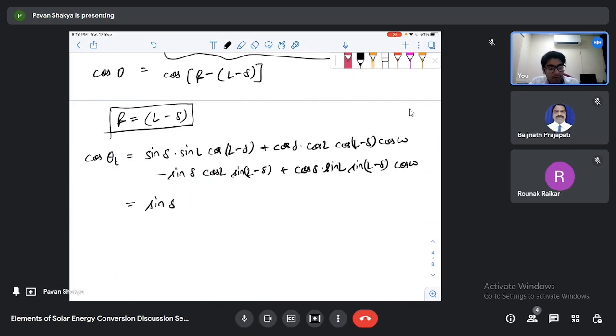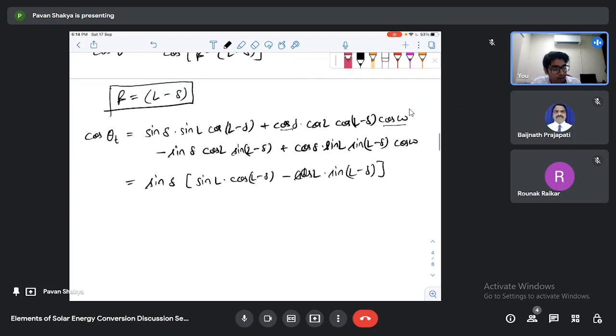Next, we will take this sine delta outside from the first and third term. After taking this outside, this one will be the cos of L, that is latitude, multiplied by the sine of L minus delta. Similarly, we will take cos delta and cos omega outside from the second and fourth term.